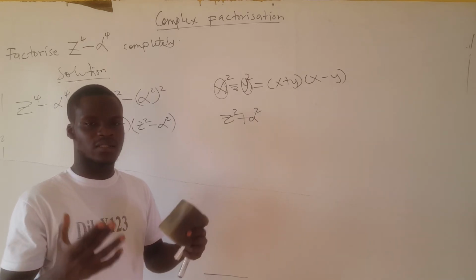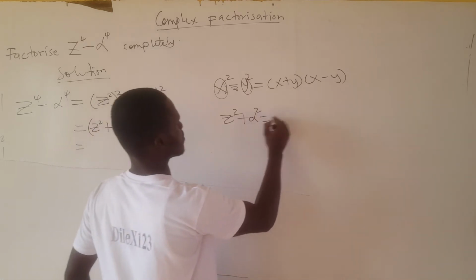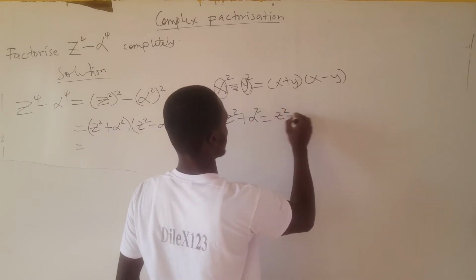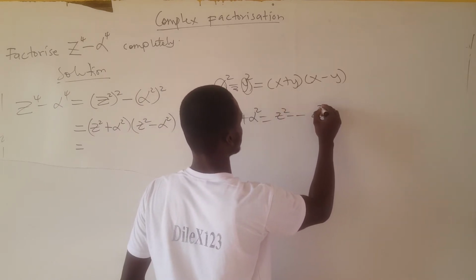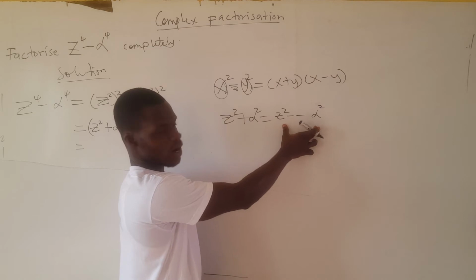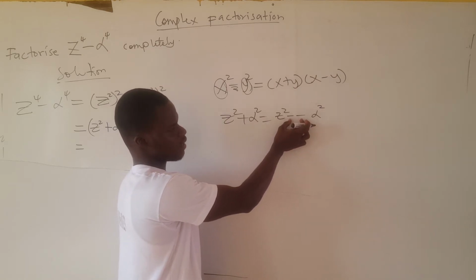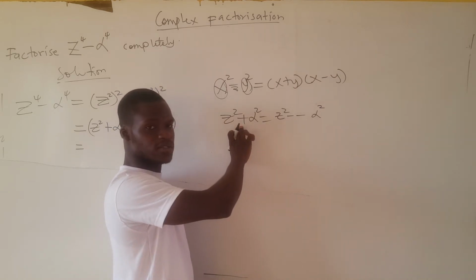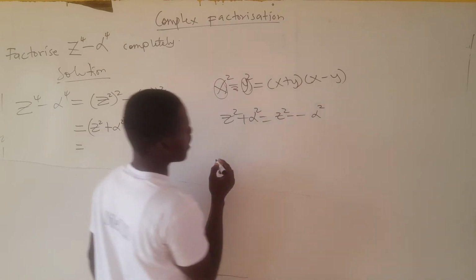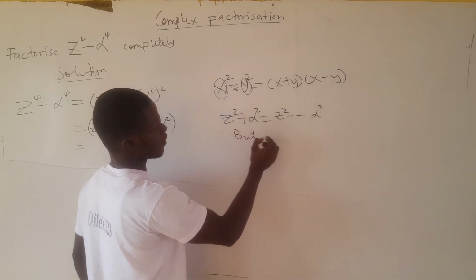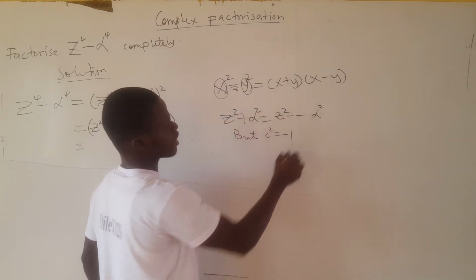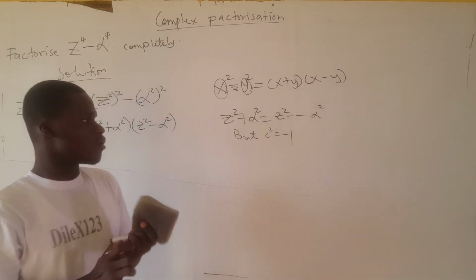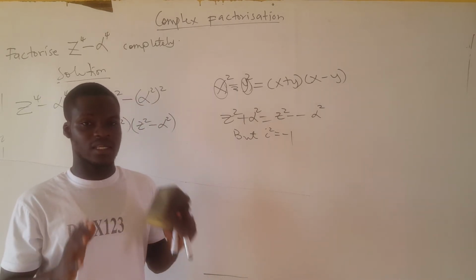We know that z squared plus alpha squared is the same as z squared minus negative alpha squared, right? A negative and another negative sign give the positive sign we have here. Now we know that i squared is equal to negative 1 in complex numbers. Whenever we have i squared, the answer is negative 1.